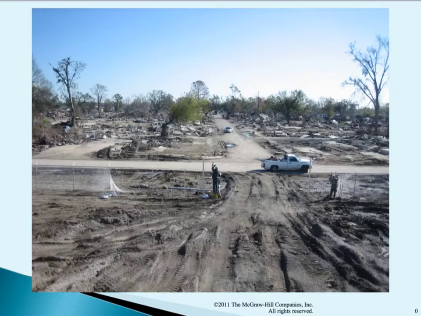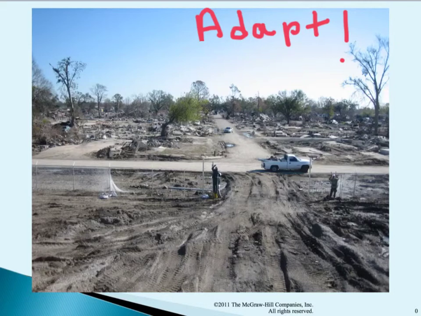This is a photo that you might recognize of New Orleans after Hurricane Katrina. People had to adapt or lose their homes, move away, or develop severe psychological problems or severe physical problems.